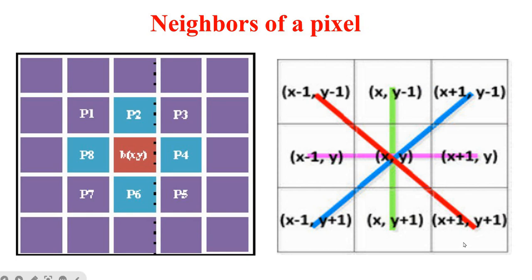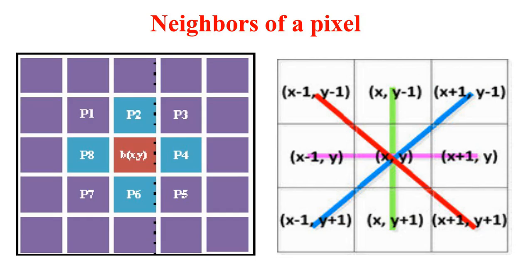The pixels at the corners are called the diagonal pixels. Here we are considering the center element as x comma y, and each of these pixels is represented with respect to this pixel. So this is basically called the neighborhood of pixels, or the neighbors of a pixel.